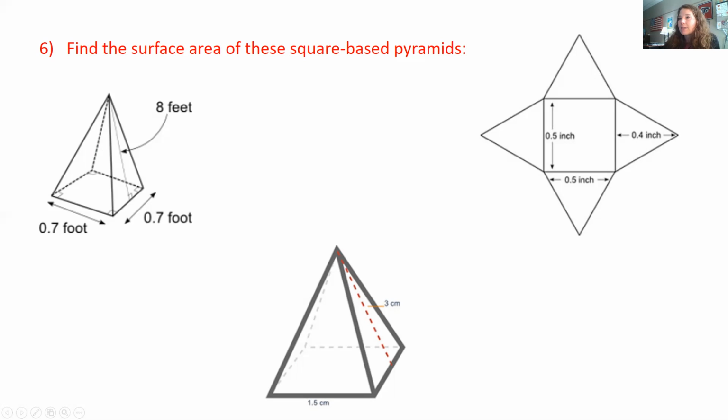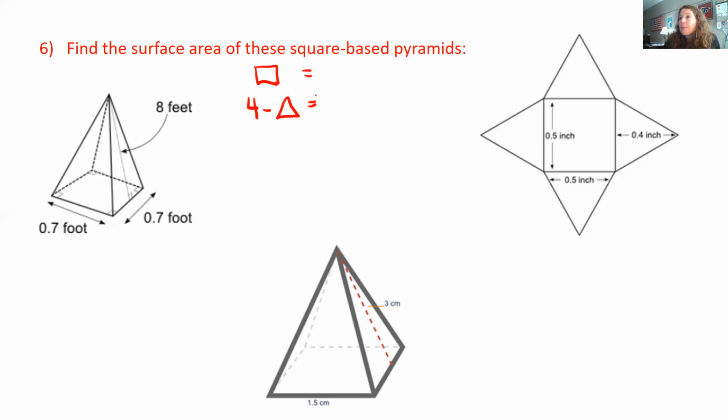So we know that the bottoms are squares, and then we're going to have 1, 2, 3, 4 triangles. All of these have 4 triangles because our squares have 4 sides. So our square, and then we have 4 equivalent triangles.